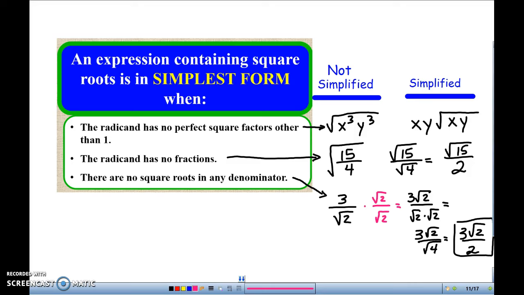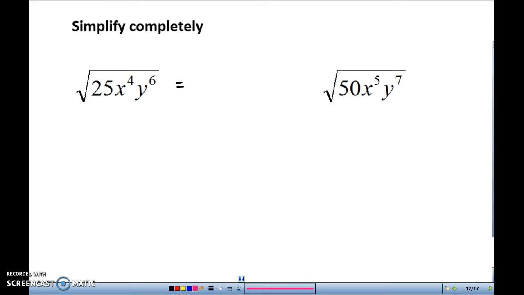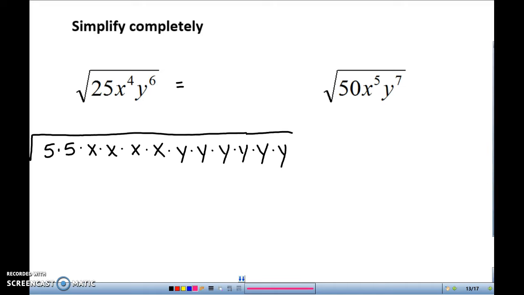I've got a couple of examples for us to work. Let's do the first one, the square root of 25 x to the fourth y to the sixth. I'm going to go ahead and do it in expanded form. I'm going to take the prime factors of 25, which is 5 times 5, and I'm going to expand x to the fourth and y to the sixth.